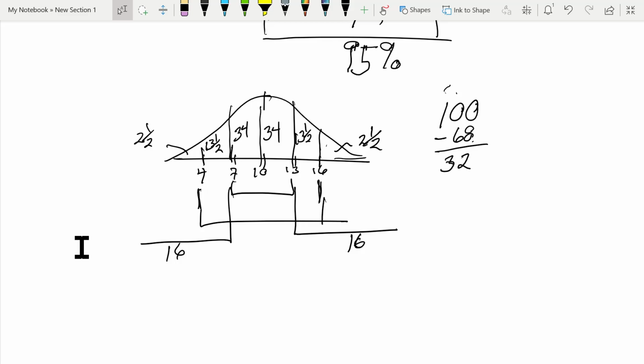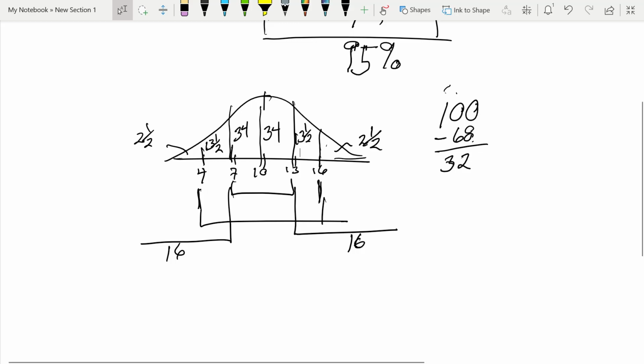So if I put in 7, I would expect to get 16%. Because it's coming from this side. Anything else I want, I have to get by subtraction. If I want more than 7, I have to get this and subtract it from 1. All right, so everything is going to be coming this way.